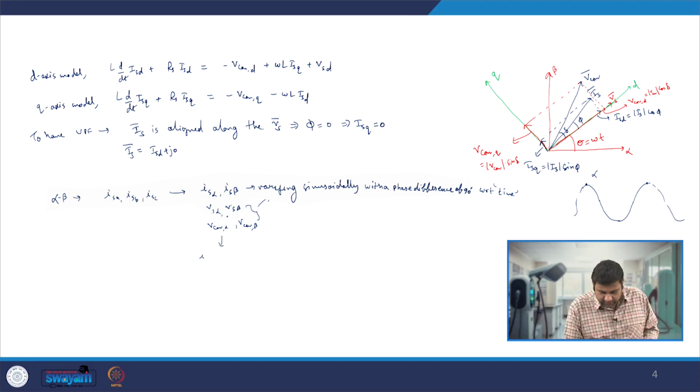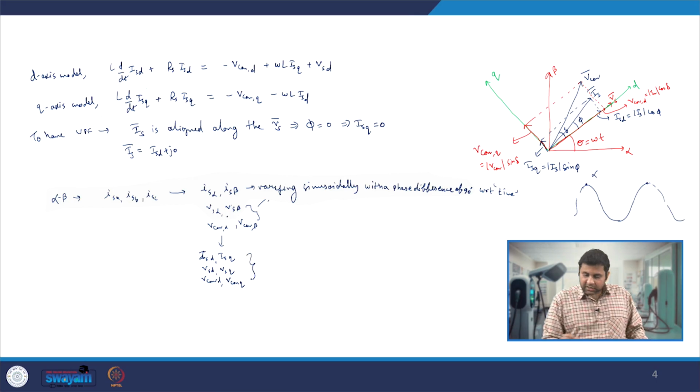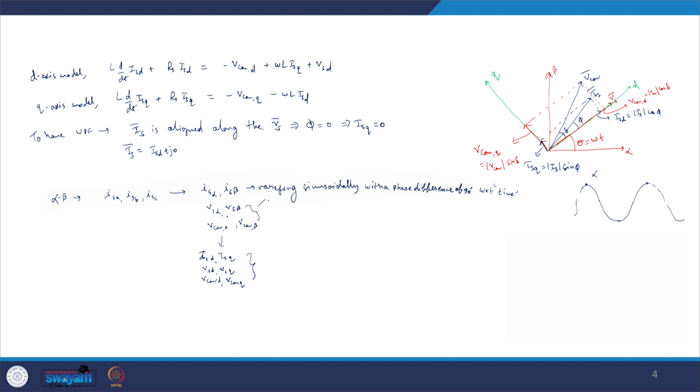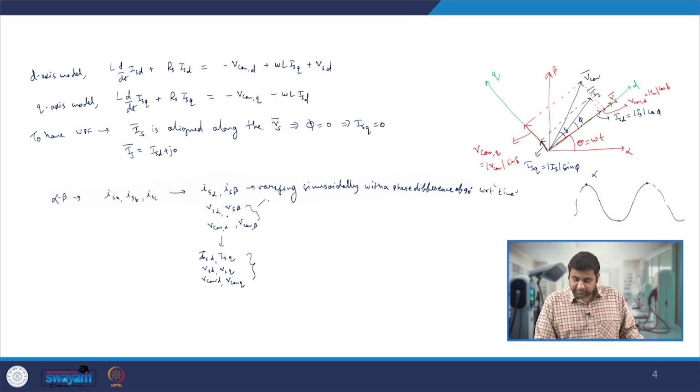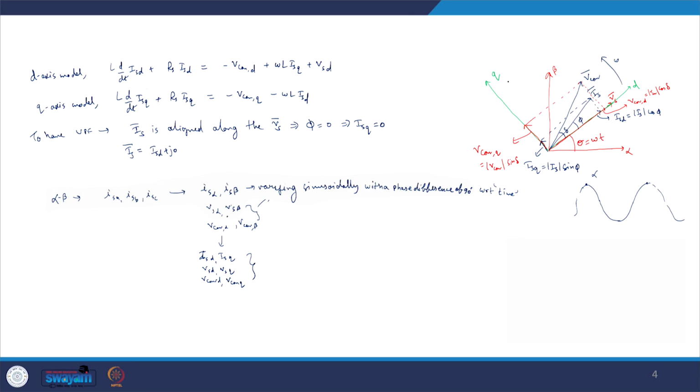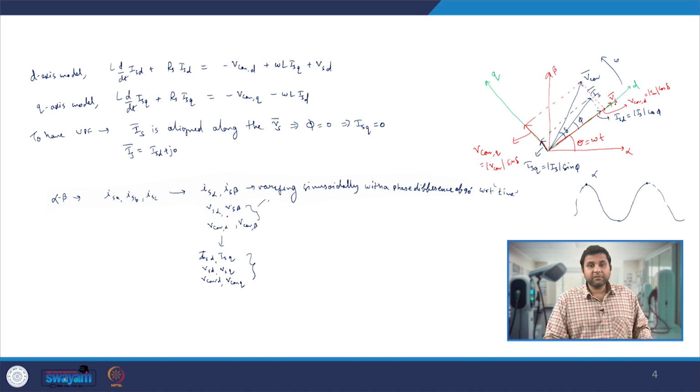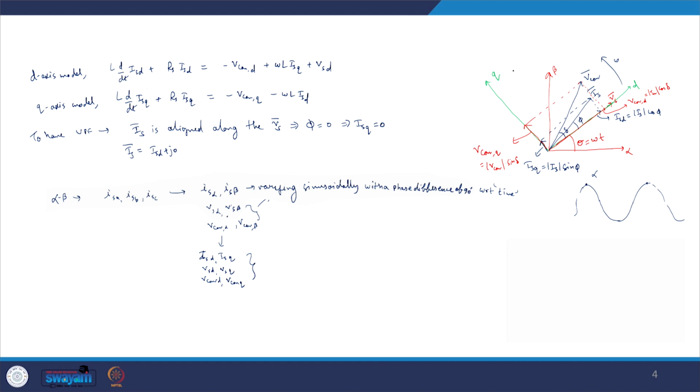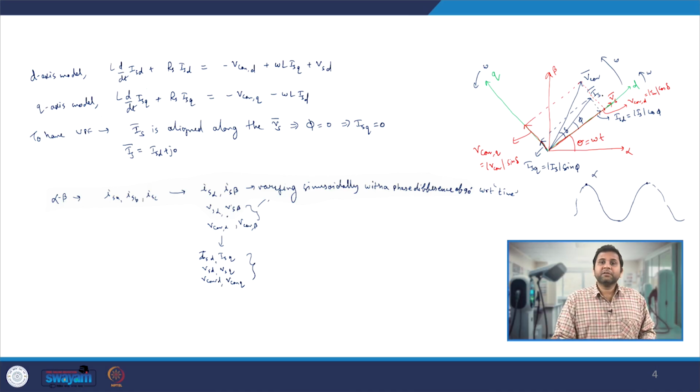And then from here, we convert them into ISD, ISQ, VSD, VSQ, V converter D, V converter Q. Now if we look at these particular quantities, since the space vectors Vs, Is, and V converter are rotating with angular speed omega, having a fixed phase angle between them, and since my dq axis is also rotating with angular speed omega, then if you look from the dq frame, all three space vectors, Vs, Is, and V converter, are stationary with respect to the d and q frame, because the d and q frame is also rotating with omega speed, and all three space phasors are also rotating with omega speed.